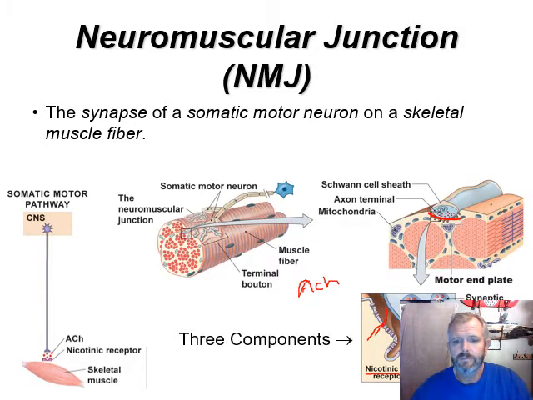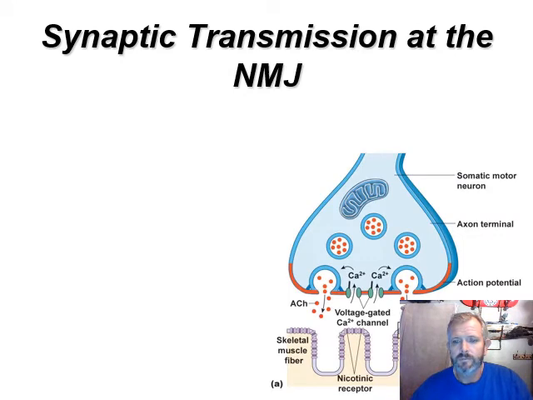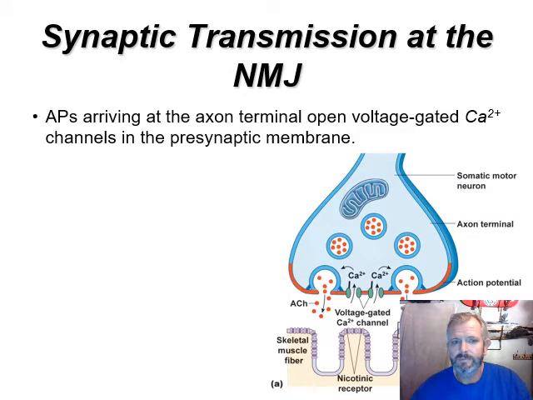So the steps involved here: the action potential driving down. Hopefully by now you guys realize that action potential cues those voltage-gated calcium channels to open. Calcium rushes in, activates those SNARE proteins to cause the exocytosis of acetylcholine.